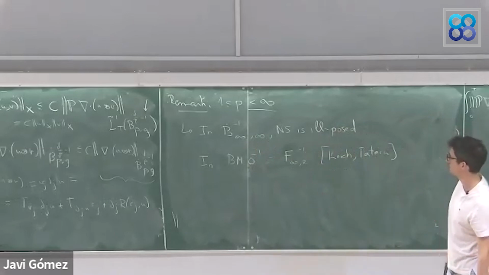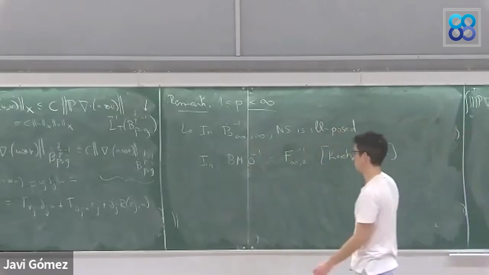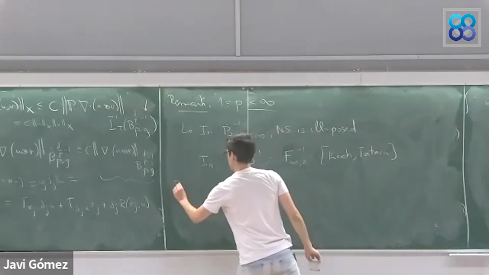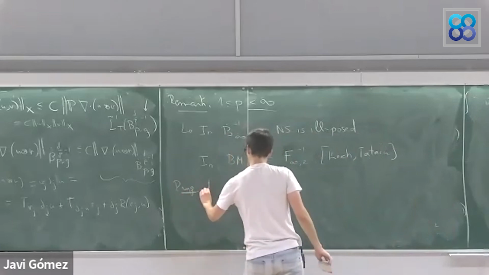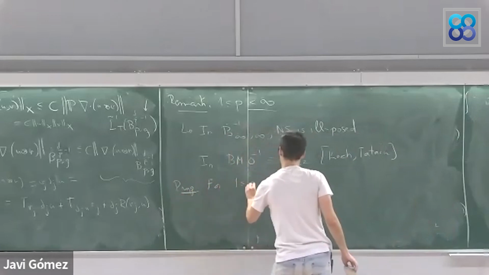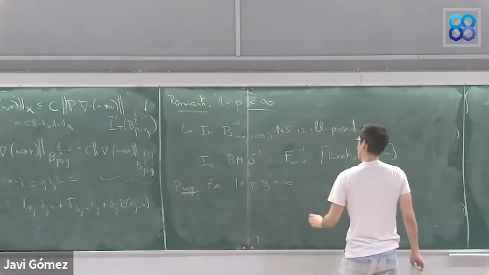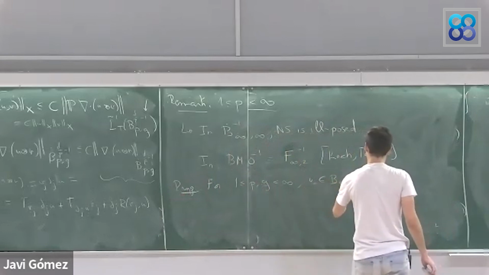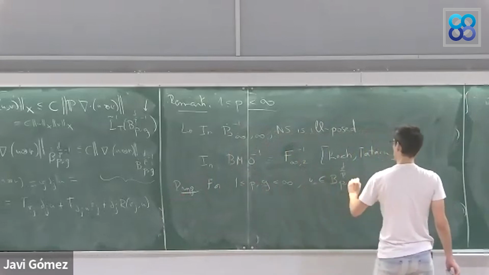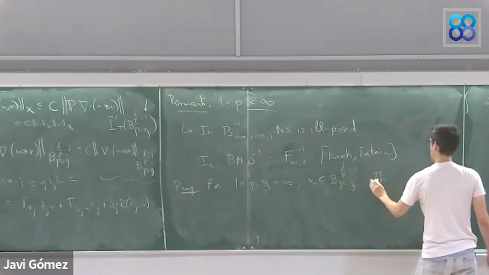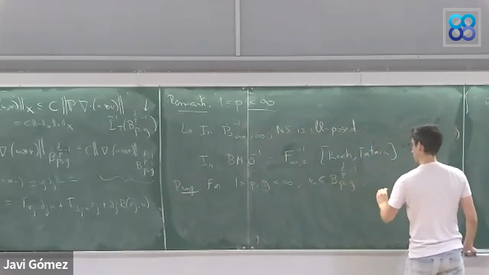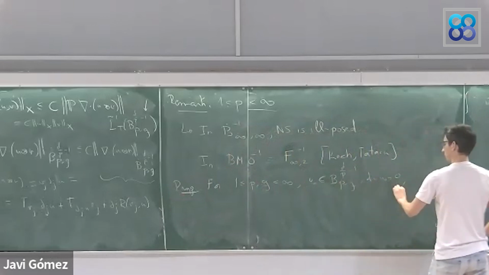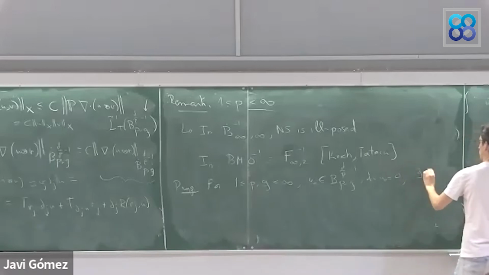And apart from that, let me just state the result for local systems here. So for this initial data with divergence zero, then there exists a positive time.